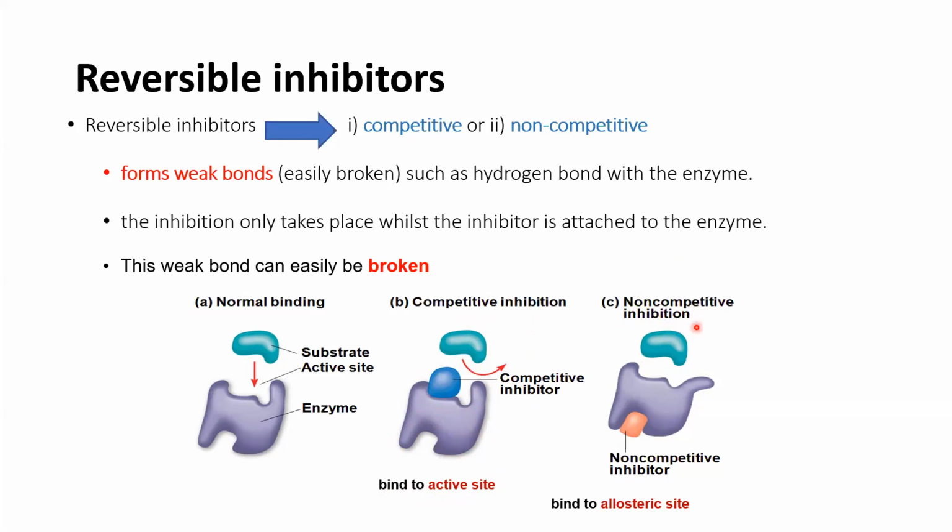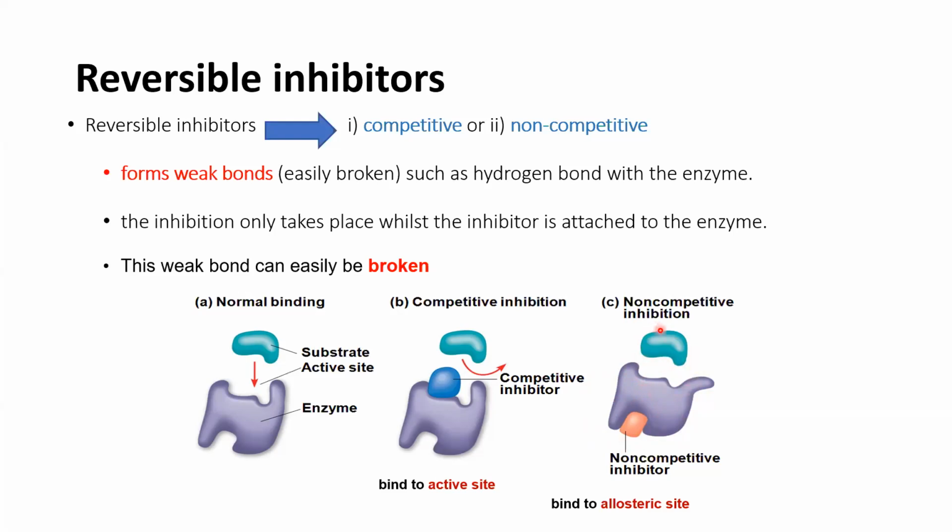As for the non-competitive inhibitors, they don't care about the active site. They will straight away bind to the allosteric site of the enzyme. The effect is that once the non-competitive inhibitor binds to the allosteric site, it causes, as you can see from the diagram, the enzyme to change shape, and therefore the active site also changes shape.